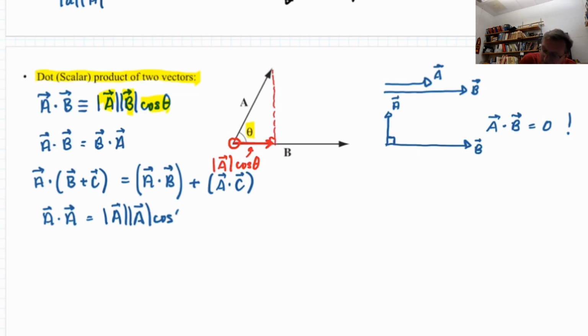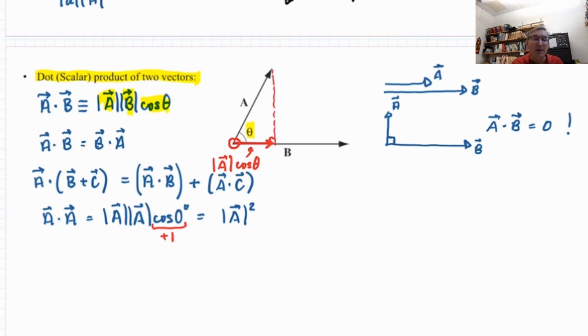So I'm taking the cosine of 0 degrees, but the cosine of 0 degrees is plus 1, so that's what that's multiplying. And so this is just the magnitude of A squared. That's what you get when you multiply any vector with itself. Its magnitude squared. Okay?